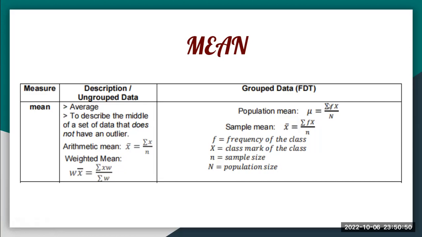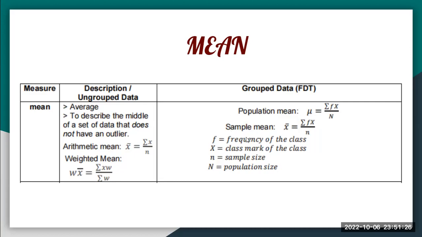That is equal to the summation of f times x divided by N, wherein f is the frequency of the class, x is the class mark of the class, n is the sample size, and the big letter N is the population size. So pag population mean, that is equal to summation of f times x divided by N, which is the population size, pag capital letter.